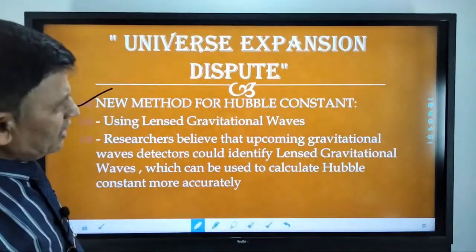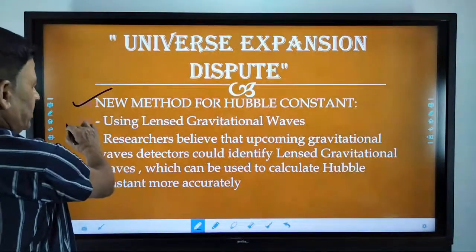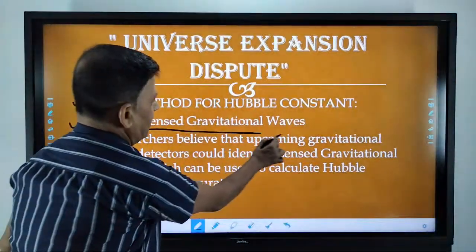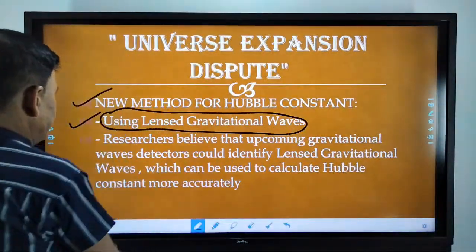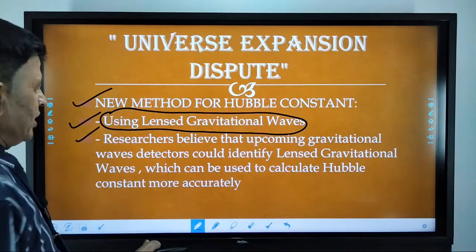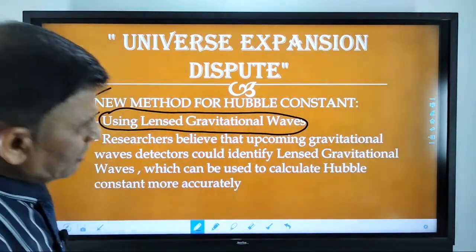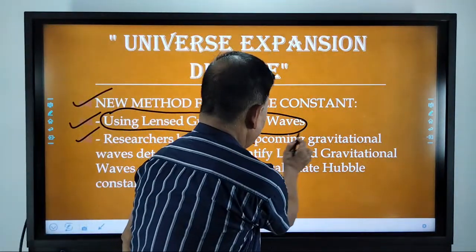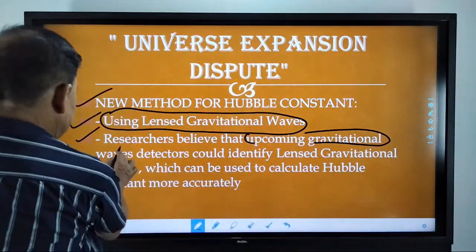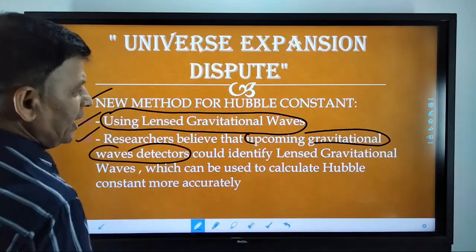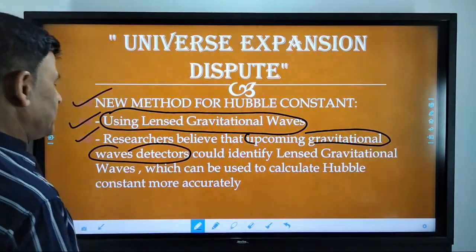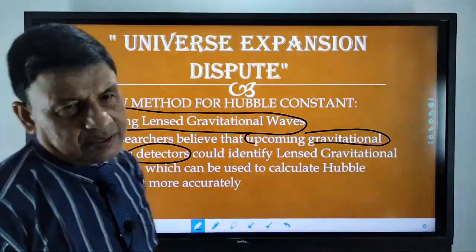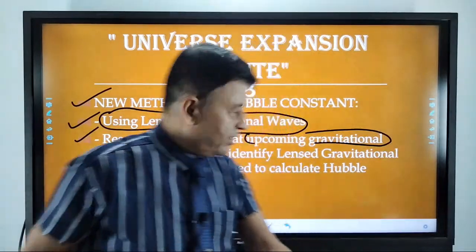New method for the Hubble constant using lensed gravitational waves. Second point, researchers believe that upcoming gravitational wave detectors could identify lensed gravitational waves which can be used to calculate the Hubble constant more accurately.